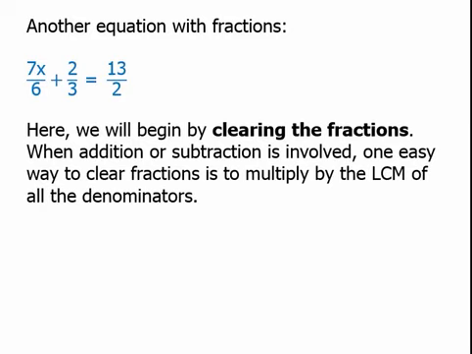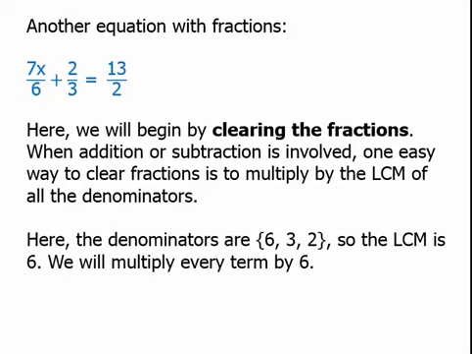You see, we have addition or subtraction, and that makes it a little trickier, but one easy way to clear the fractions is to multiply by the least common multiple of all the denominators. Here the denominators are 6, 3, and 2. Those are the three denominators, and the least common multiple of those is 6. So we will multiply every term by 6.